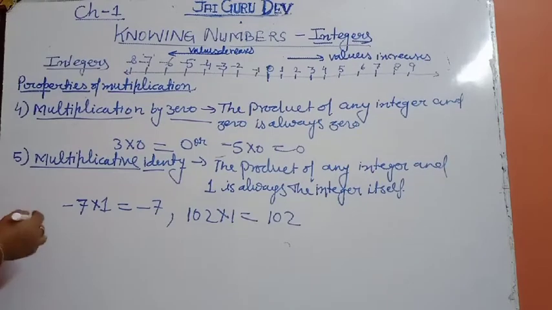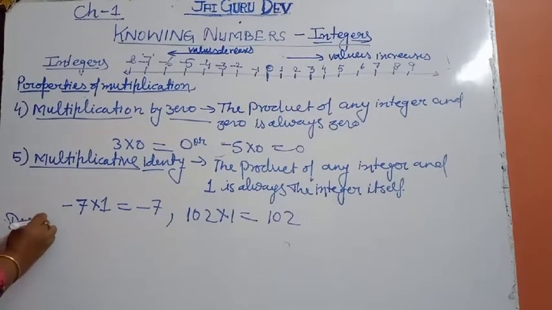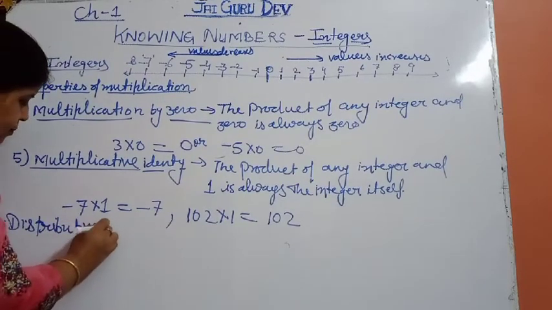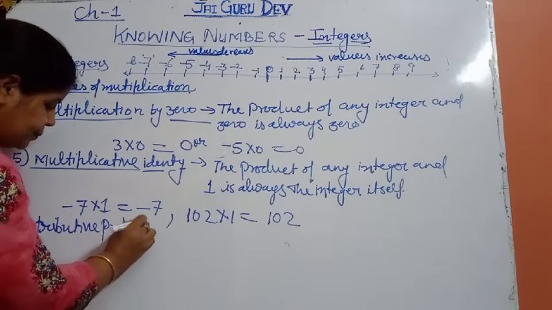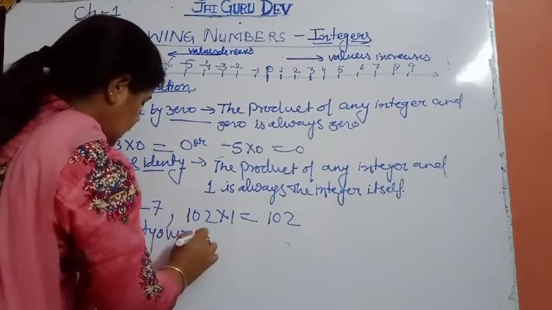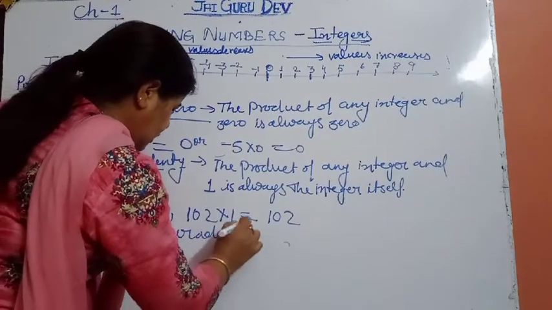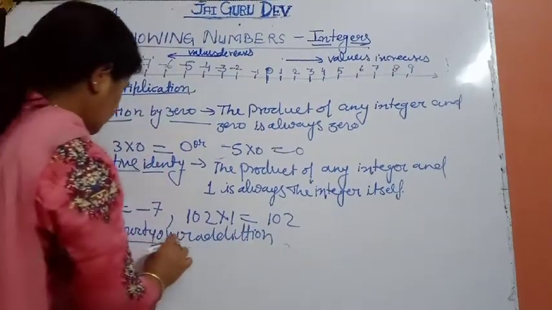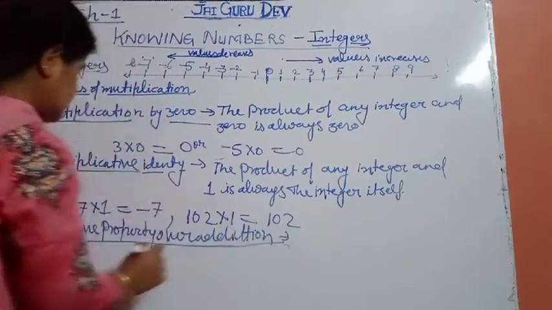And now the last is the distributive property over addition. Try to understand this now. You have learned this property previously also, but just see.